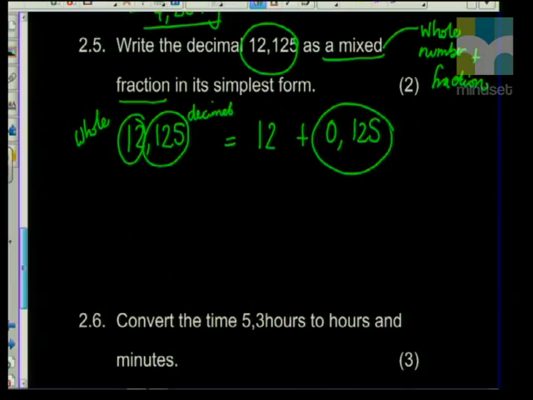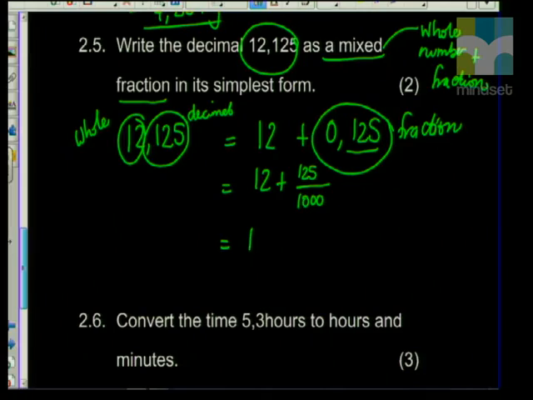Now I need to convert this to a fraction. I know that 0.125, because it's got 3 decimal places, is out of 1,000. So it would be 125 out of 1,000.